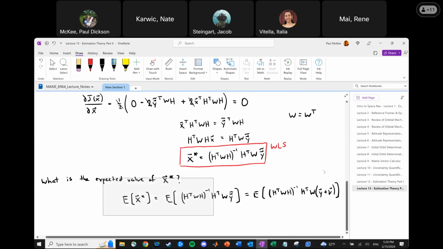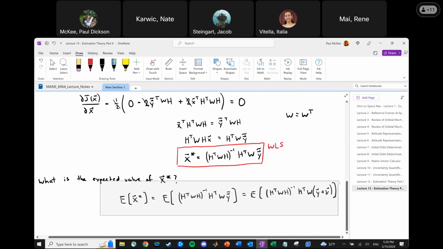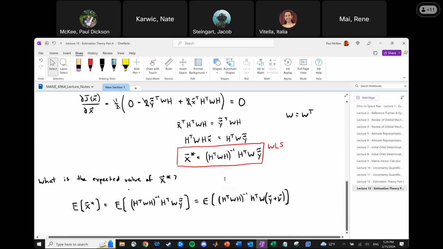Just going to scooch all this over. There we go. All I'm saying is that y with the tilde, so the noisy measurement, is a theoretical perfect measurement plus some noise.